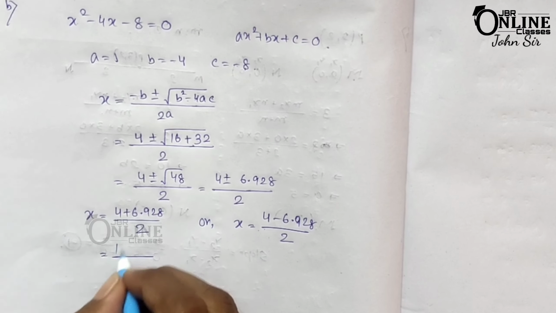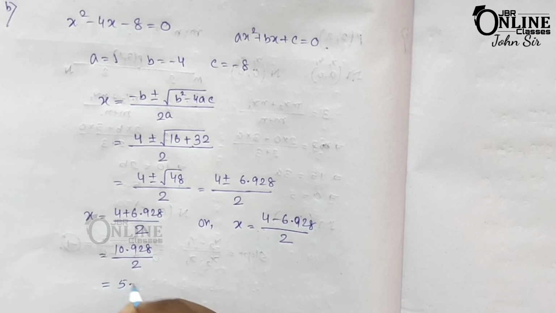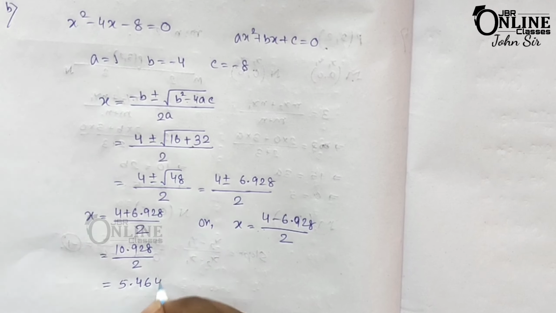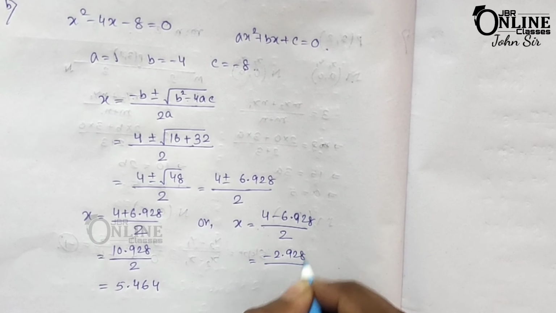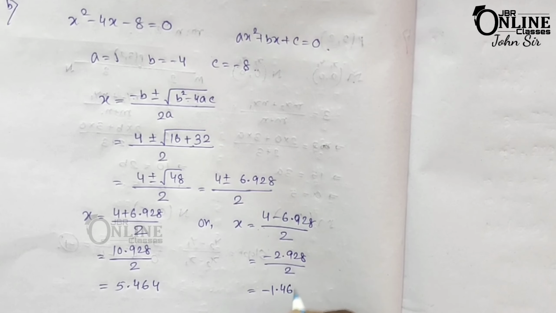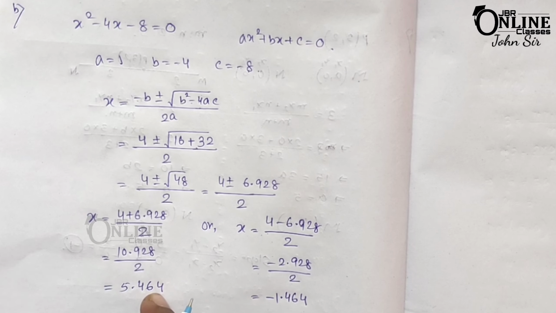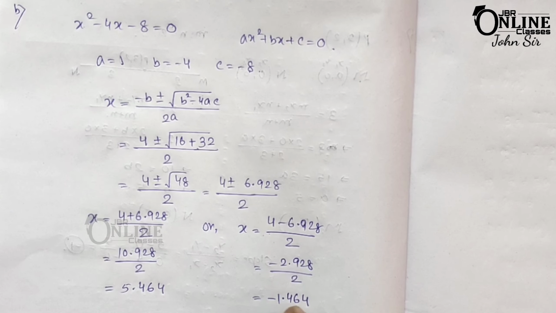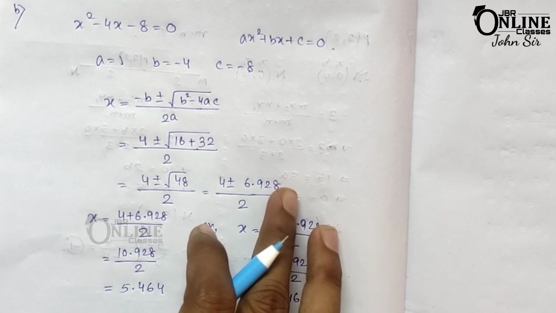So for the first one 10.928 by 2, and from that 5.464, and here minus 2.928 by 2, and from that minus 1.464. So here x equal to 5.464 and minus 1.464 is the answer, correct up to 3 significant figures.